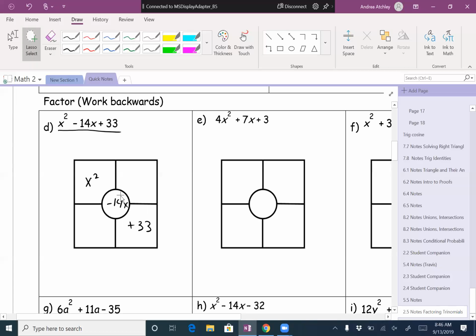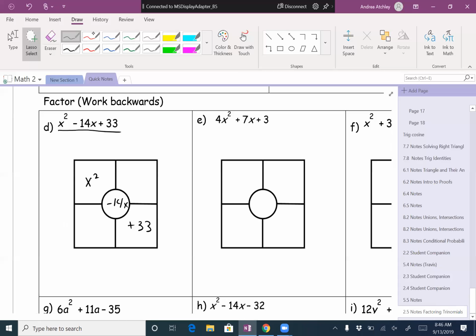In the circle, you should always have the x that's not squared, the variable by itself. Does that make sense? And in this last box is usually a constant. Sometimes it has another squared variable. But this is how you have to write it in. If you write it in a different order, it won't work. Okay?